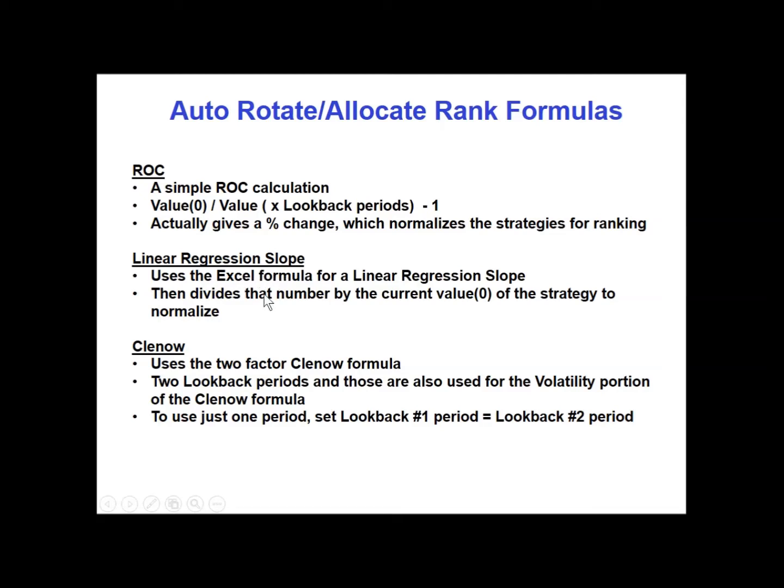On the linear regression slope, we use the Excel formula for a linear regression slope, but then we divide that number by the current value of the strategy, so we normalize it.